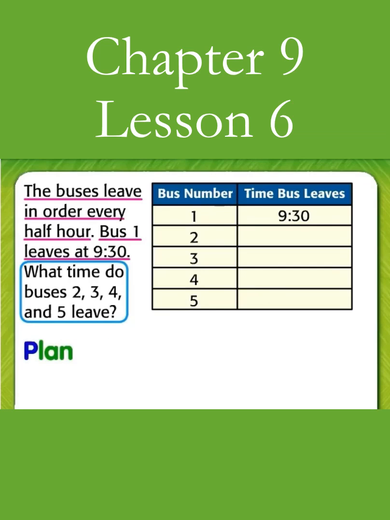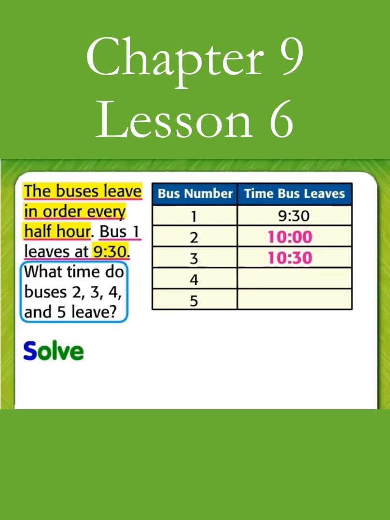Now we need a plan to solve the problem. We can make a table. Now it's time to solve the problem. The problem tells us that the buses leave in order every half hour. Bus 1 leaves at 9:30. So, Bus 2 will leave a half hour later at 10 o'clock. Bus 3 leaves a half hour later at 10:30.